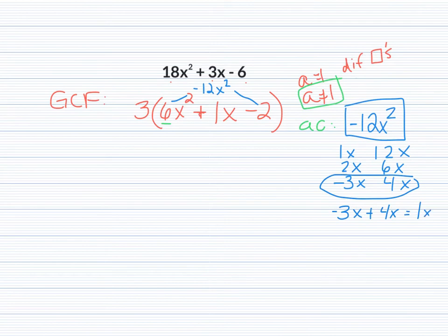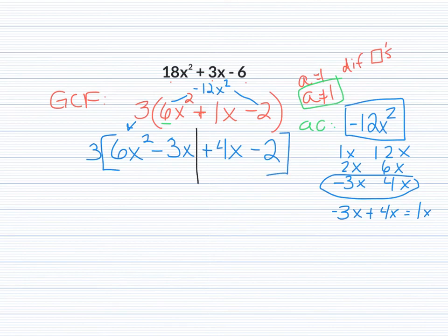Okay, so now, keeping that 3 out in front, I'm going to rewrite 6x squared minus 3x plus 4x minus 2. Draw a line down and focus on these two. What goes into 6x squared and negative 3x? Well, they both have a 3, and they also both have x.